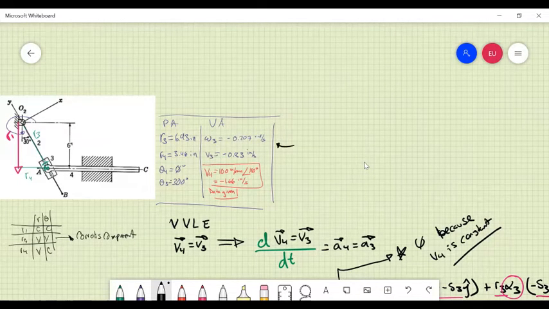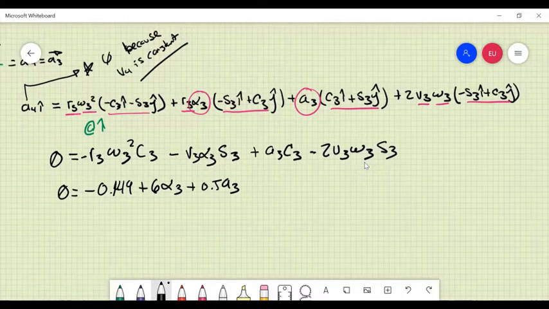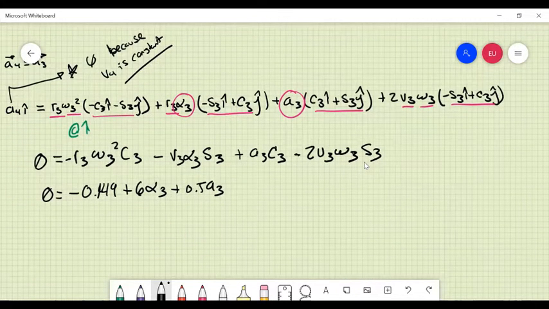Substitute these two values here. Multiply by 2 and by the sine. Check that these two are negative. This is negative and this is negative. So all these will become positive. I got 0.298. So that's one of the equations.